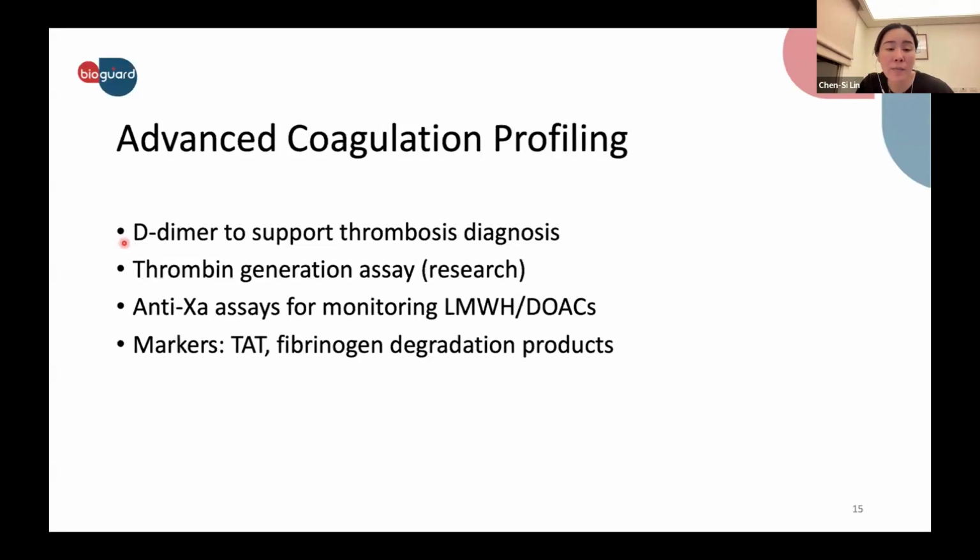These markers tell us about the specific stage of hemostasis and the coagulation problems. So these two refine our assessment of clotting and fibrinolysis beyond PT as well as aPTT.